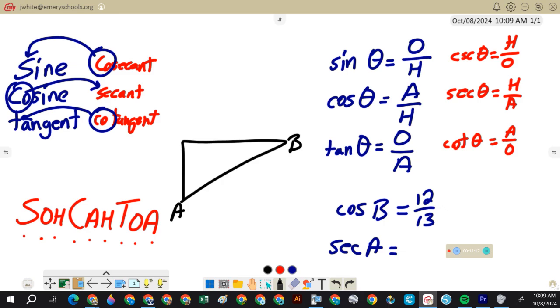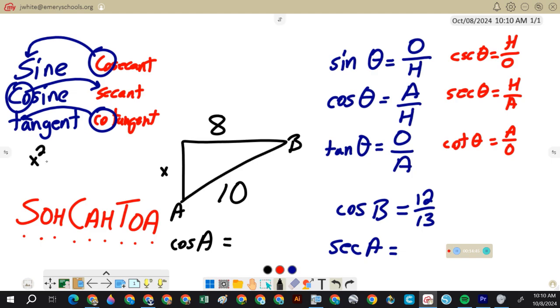What if we have this? 8, 10, and unknown, and I want the cosine of A. Well, in order to figure that out, I need to know the adjacent. Cosine is adjacent divided by hypotenuse, but I don't know the adjacent side. So I need to use the Pythagorean theorem to figure that out.